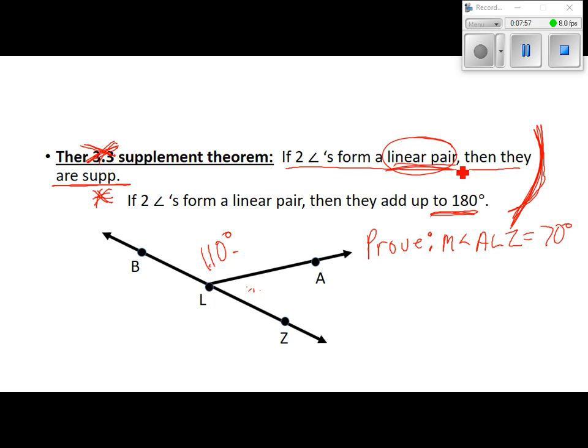Then we would say this angle plus this angle has to equal 180 because supplementary means that they add up to 180. We'll do problems like this, and I'm going through this quickly. Then we would just do a little math and say, okay, now we know that the measure of that angle has to be 70 degrees.